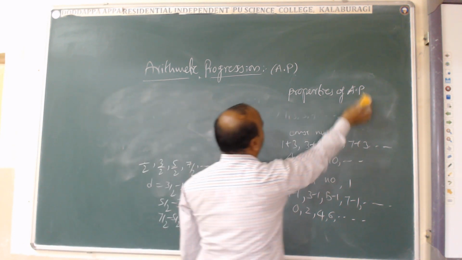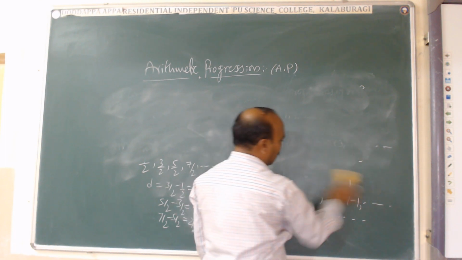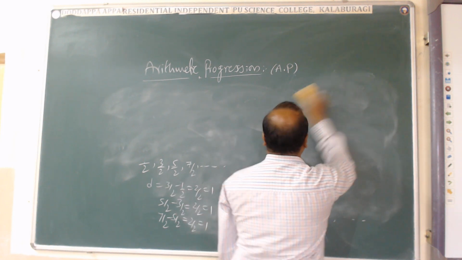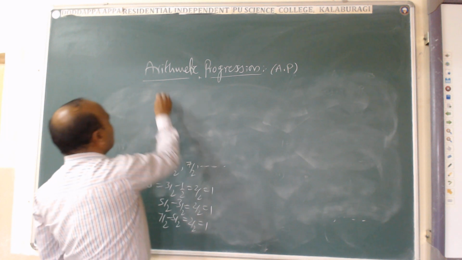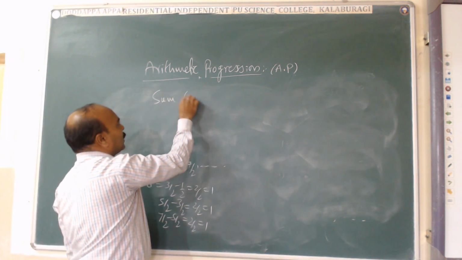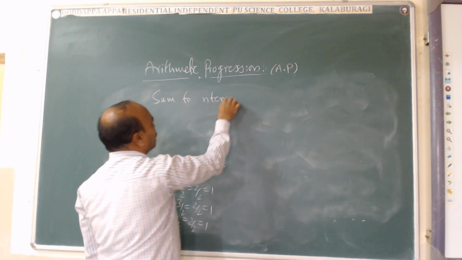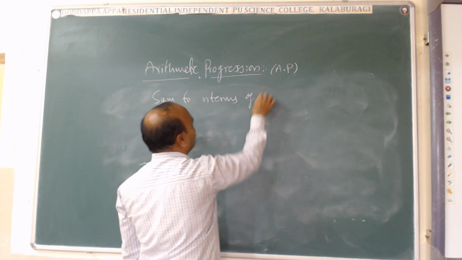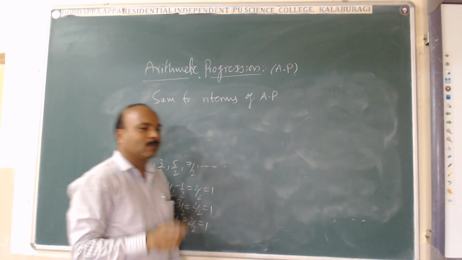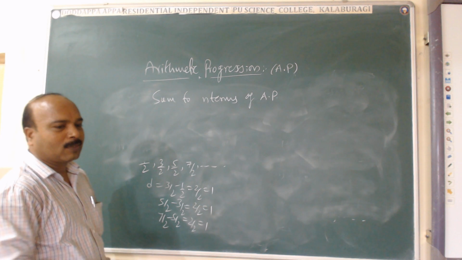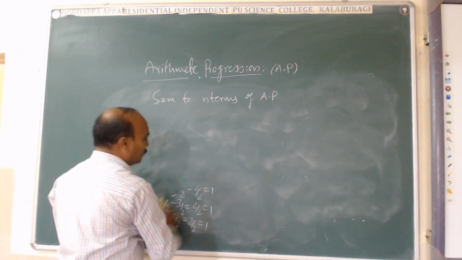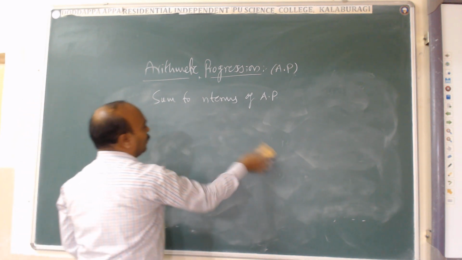Next we go for the formula, the sum to n terms of AP, that is, sum to n terms of arithmetic progression. Now it is given by the symbol Sn.